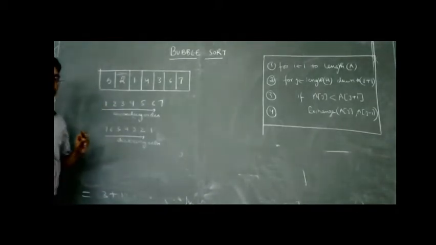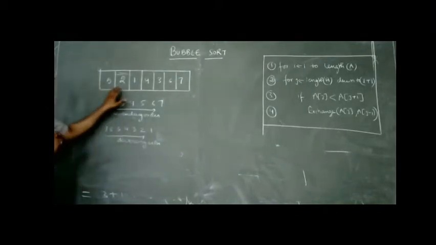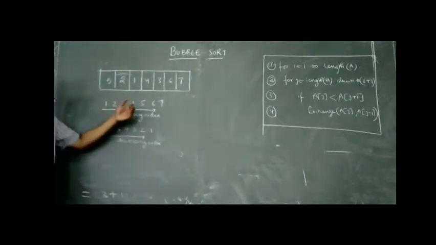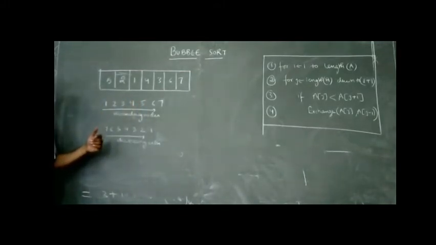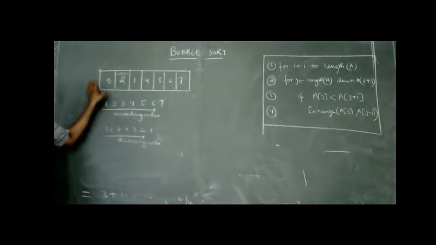I am just explaining the basic concept of the bubble sort, not going into detail right now. If there are two elements and these two elements are not in order, then we put the smaller element on the left hand side and the larger element on the right hand side. So this simple logic is used in bubble sort.